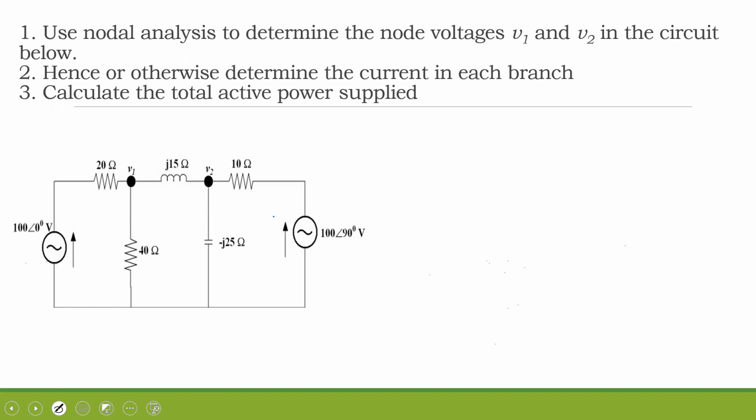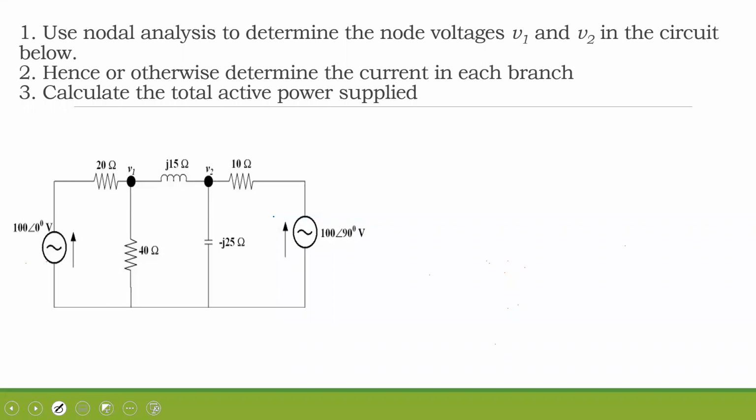I like to check, sir, it would be 2 because there are 2 nodes. Okay, so it's a 2 by 2. Yes, sir. Good.